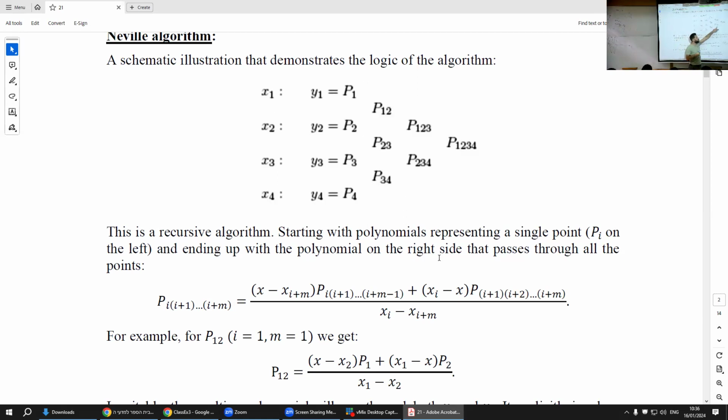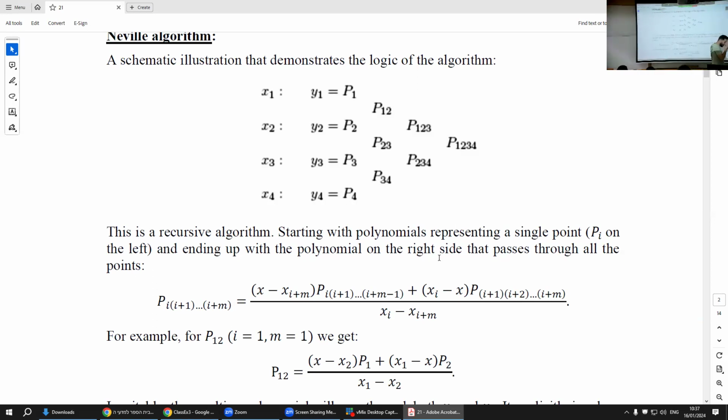And then I will improve it to P234. We expect that this would be better than this, but maybe not. Maybe this is better for some function, because we don't know the function itself. What do you mean by better? By better, I mean that the value doesn't change so much when we use more and more points. Okay, and that's the maximum that I can get.